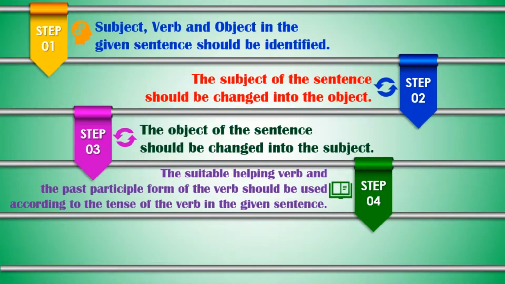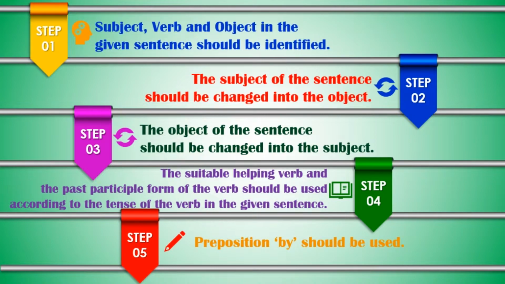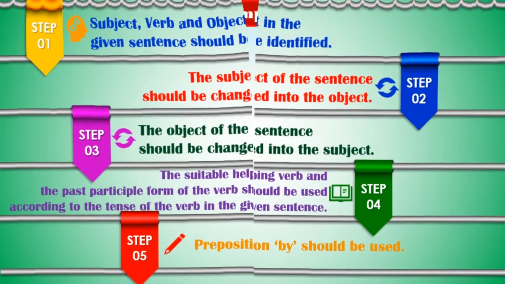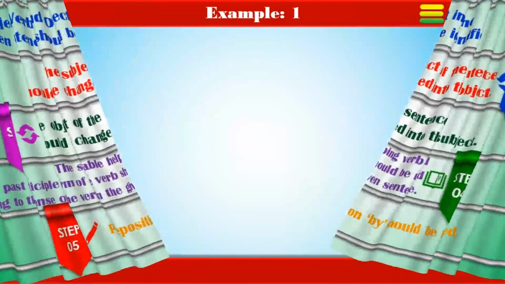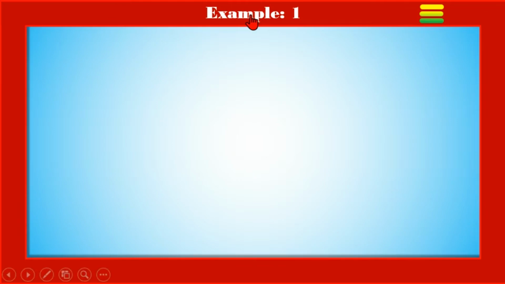The suitable helping verb and the past participle form of the verb should be used according to the tense of the verb in the given sentence. And step 5. The preposition by should be used. Is it clear? Now examples.